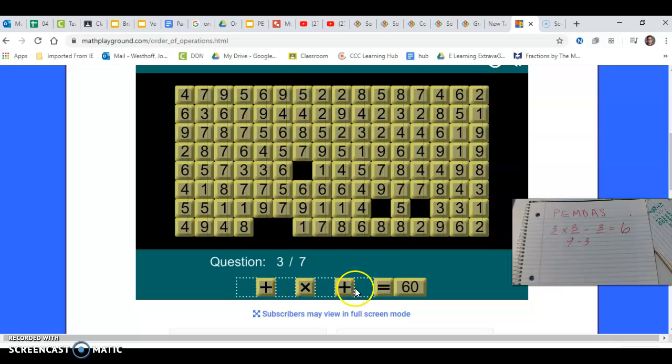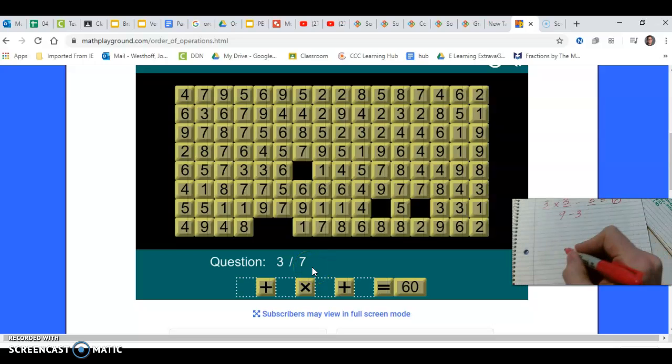Alright, here we go. We have all of this. If you're thinking that this is the part I have to do first, you are correct, because in PEMDAS we do multiplication and division. So, well, I see the number 60, so I want my numbers to be pretty big. So I'm going to go with 5. I know that 5 times 9 is 45.